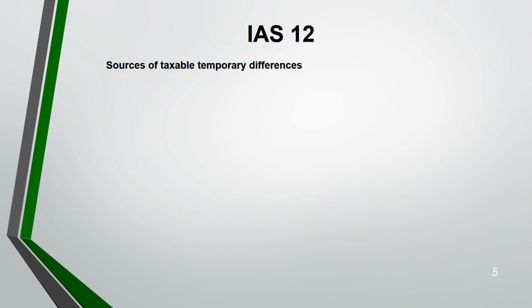So now, what are the sources of taxable temporary difference? That means if these things are there, the temporary differences that you have will be taxable. That means carrying amount is more than the tax base. Number one, depreciation of an asset is accelerated for tax purposes. That means they are giving you more tax allowable expenses to deduct, which will reduce your tax base.